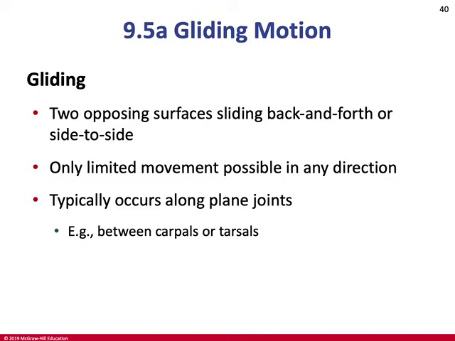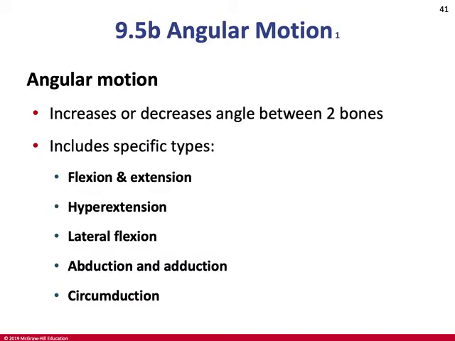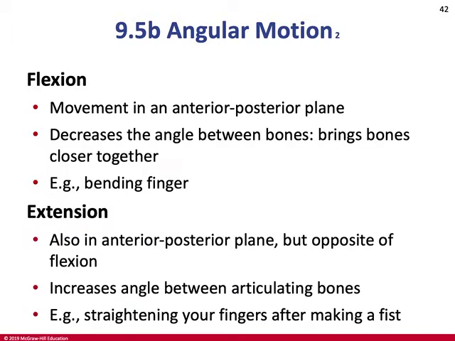It's a difficult movement to demonstrate. Angular movements are easy to demonstrate, and this is basically changing the angle between two bones from anatomical position. Examples of angular movement include flexion and extension, hyperextension, lateral flexion, abduction and adduction, and circumduction. Flexion is decreasing the angle between two components from anatomical position, such as flexing your forearm, bending your elbow.